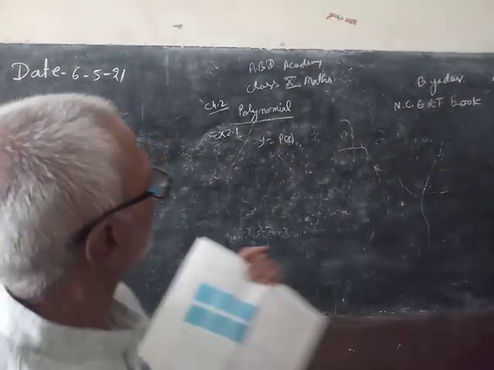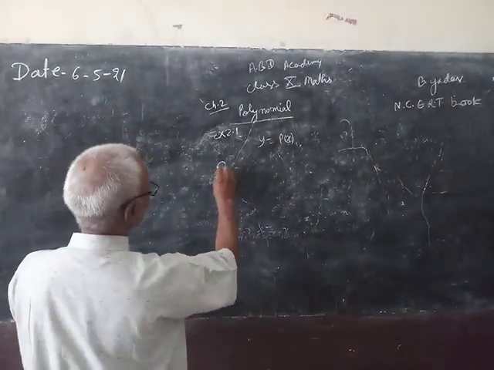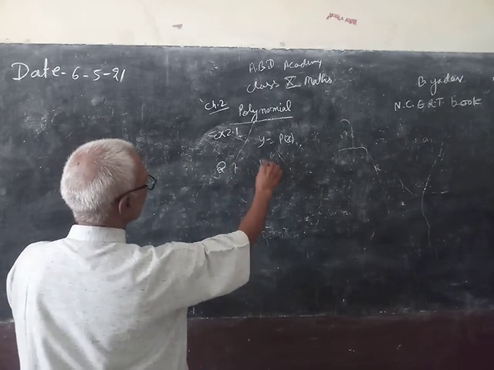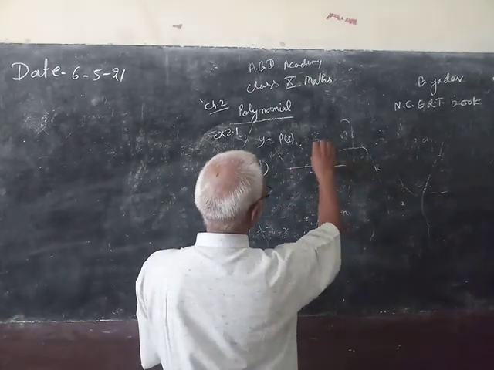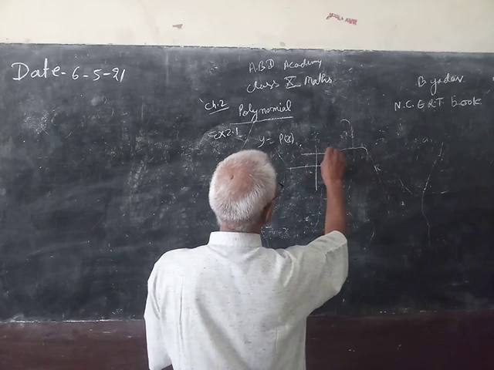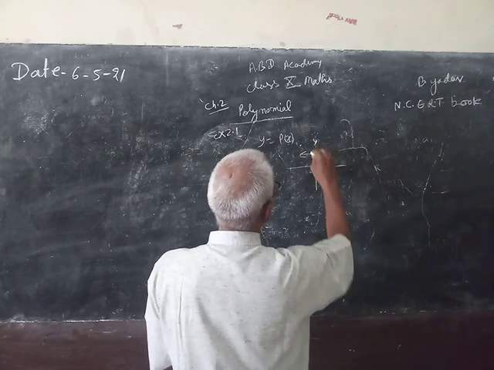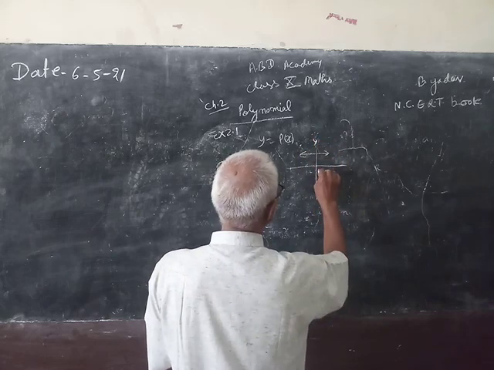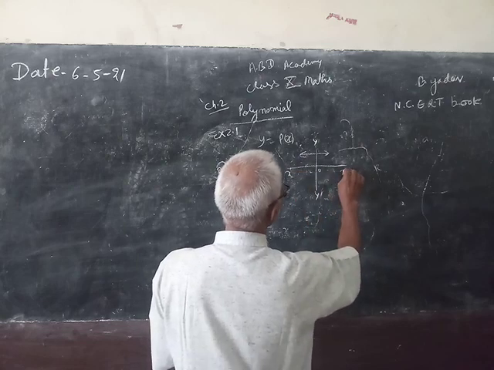So in question 1, part 1, the graph is like this. This is y-axis, x-axis.